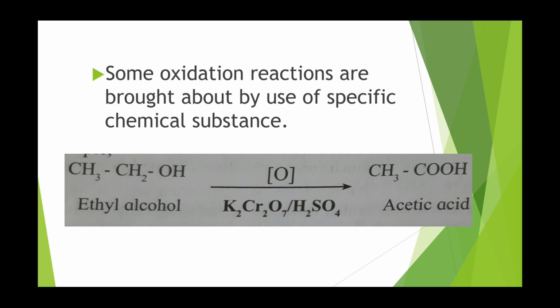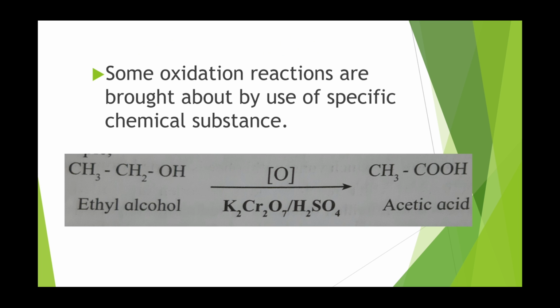Okay. Now let us move to our next example of oxidation reaction. Here we are oxidizing ethyl alcohol to acetic acid. In the reaction you can see CH3CH2OH, that is ethyl alcohol. It is oxidized. What are the necessary conditions?